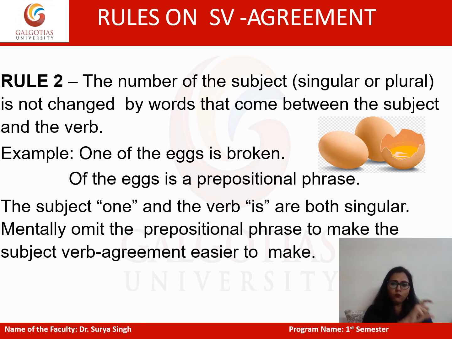Subject is one and is is the verb. So this prepositional phrase will not change the number of the subject or the verb. The subject and verb are both singular. You can mentally omit the prepositional phrase to make the agreement easier.